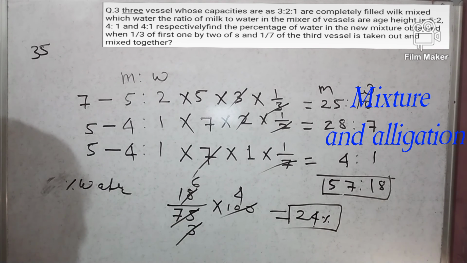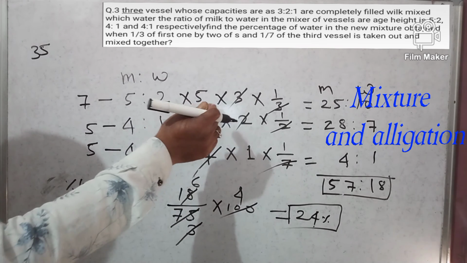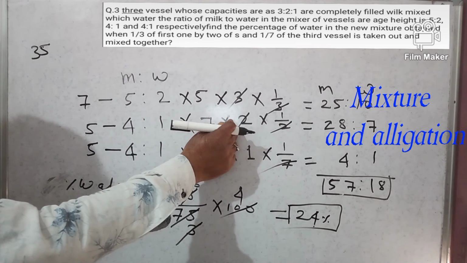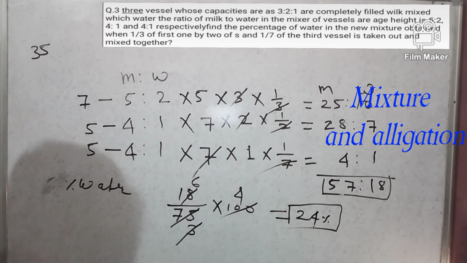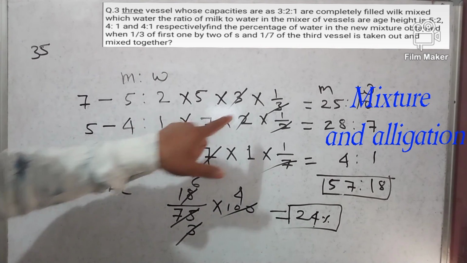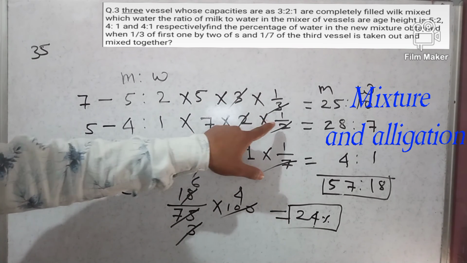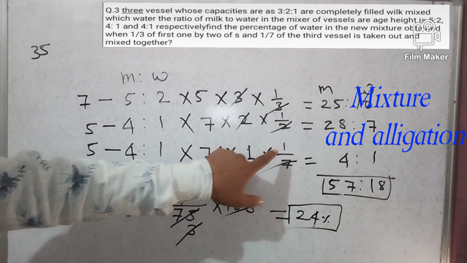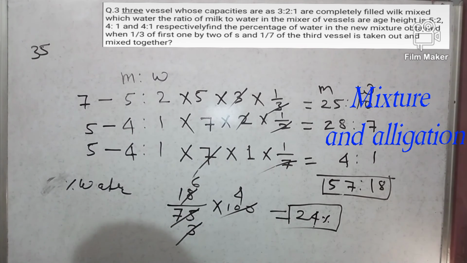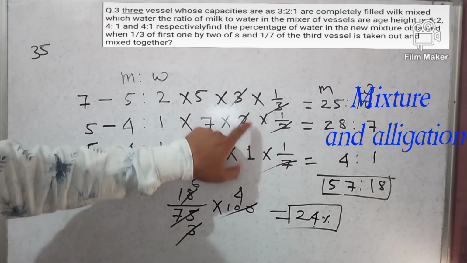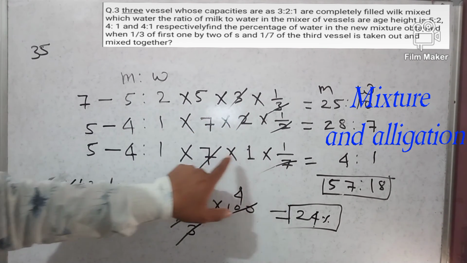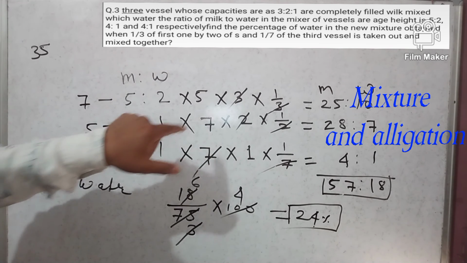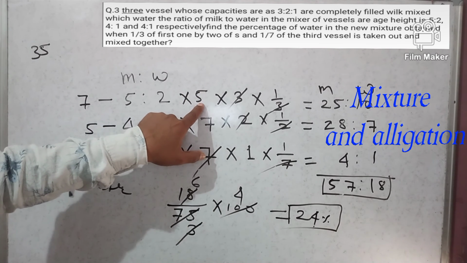Now the capacity of the first container is 3, second container 2, and third container 1. And taken out is 1 by 3 from the first container, 1 by 2 from the second container, and 1 by 7 from the third container. So 3 cancels, 2 cancels, 7 cancels. Now we have only 5, right?